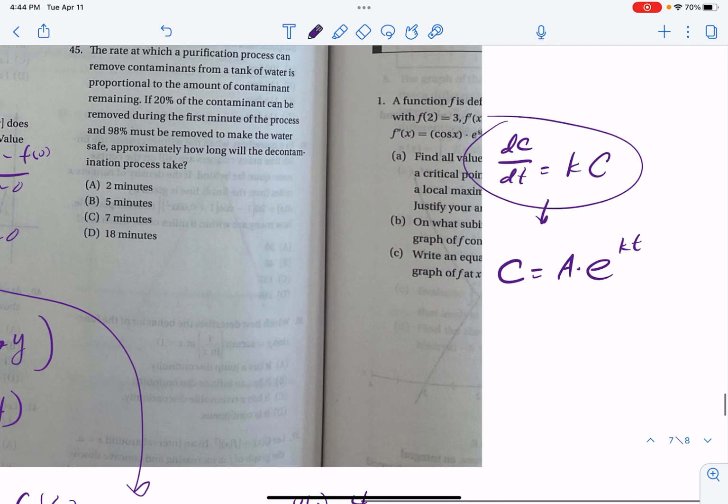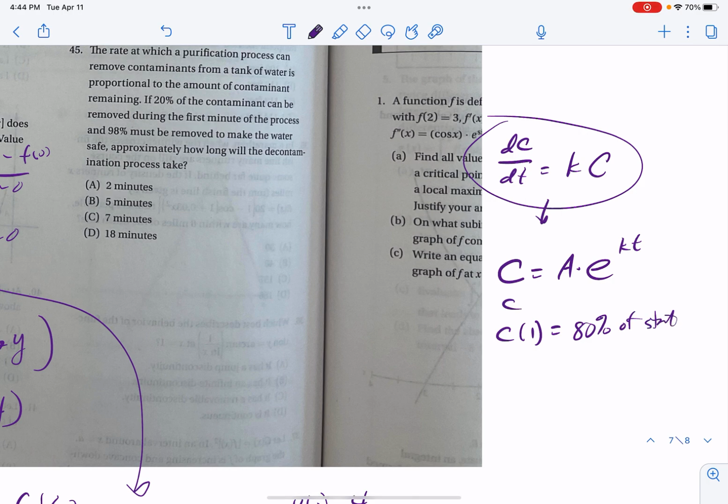So 20% can be removed during the first minute. So what that means is if we plug in 1 minute, we'll be down to 80% of the starting value.